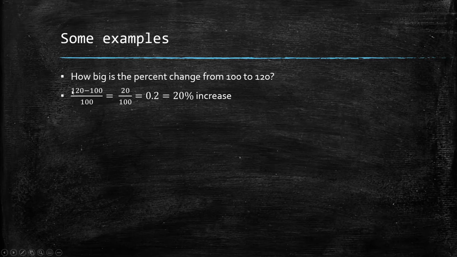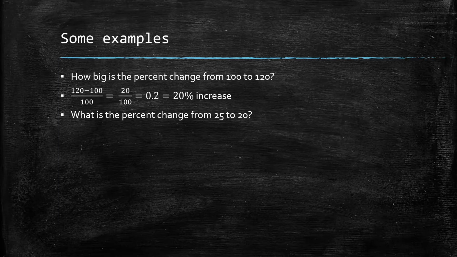I do the subtraction first in the numerator, and I get 20, and then I divide that by 100 to get 0.2. But we know, because of our work with percentages earlier, that 0.2 is the same as 20%, and because that number was positive, 100 to 120 represents a 20% increase in value.